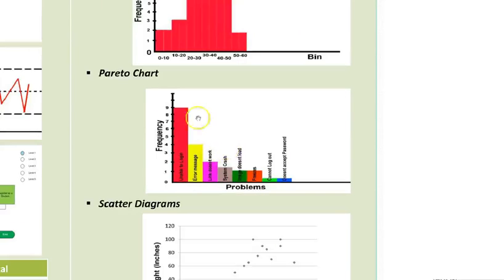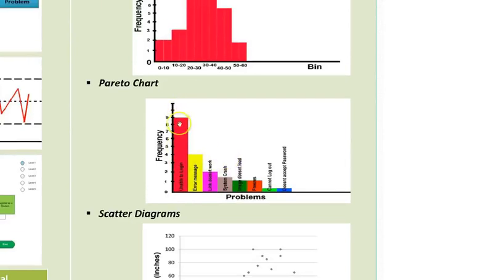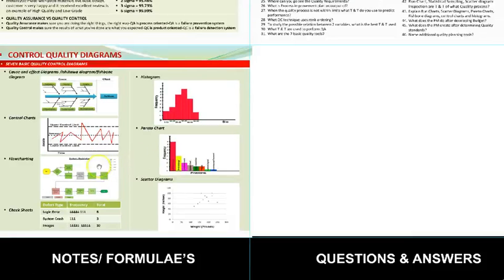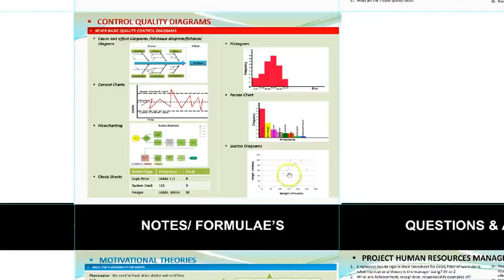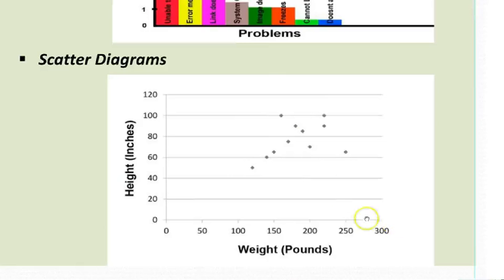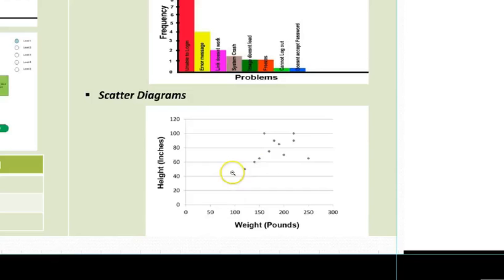If you see, it is with respect to the frequency. The first one is all the way up, and then it keeps going down. So this is how it looks, because you have to stress more and fix the one that is the major problem. The last one we have is the scatter diagram, where you could see right here.